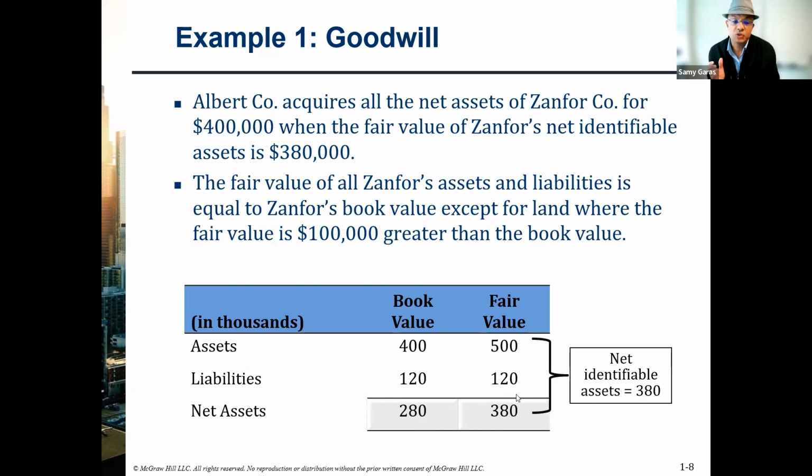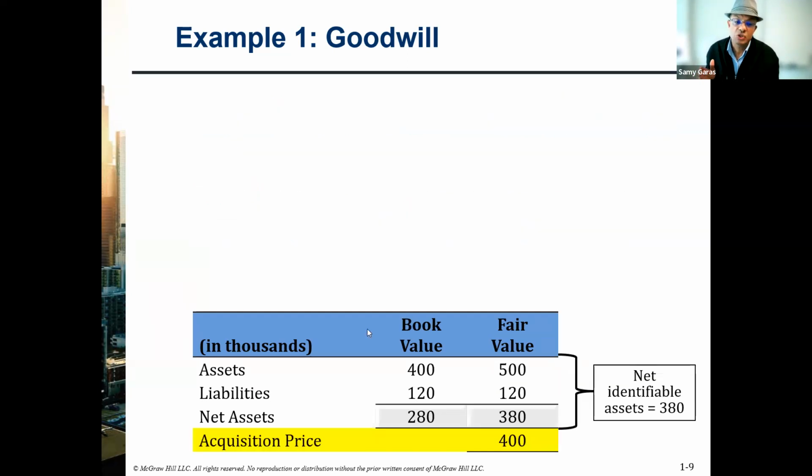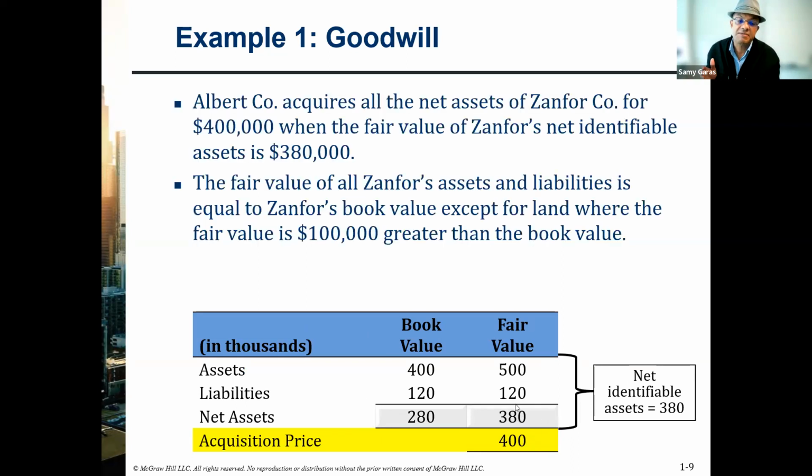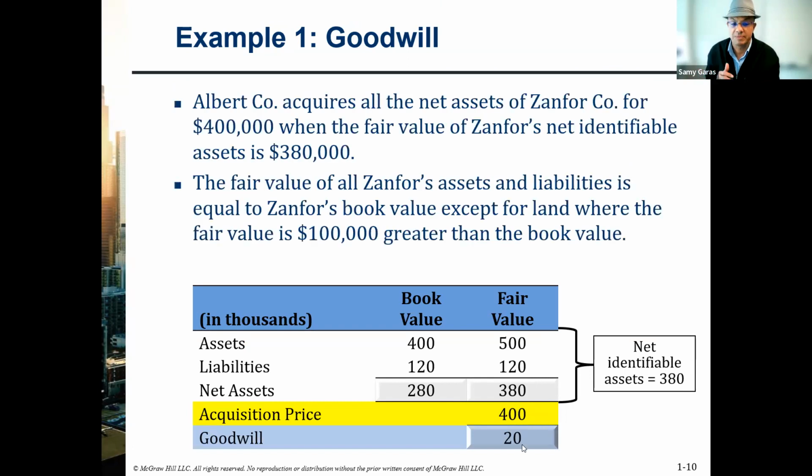Okay, so now how much is the parent company going to pay to the subsidiary company for getting full ownership? They will pay 400,000. So since this is higher than the net identifiable assets, the difference we put under Goodwill. Here we are paying more than the total amount of ownership by 20,000, so we record this as Goodwill.